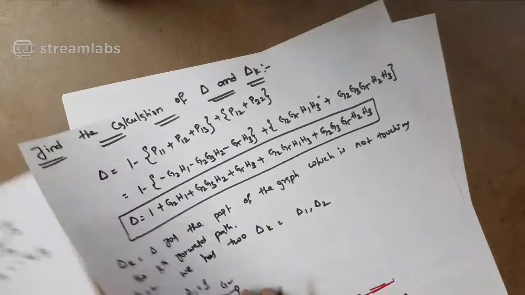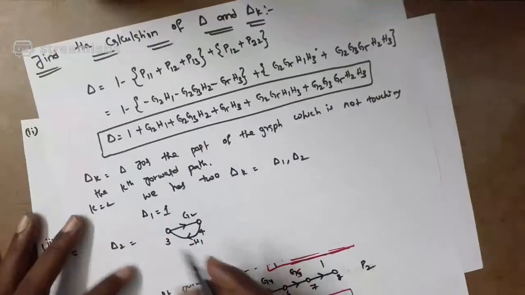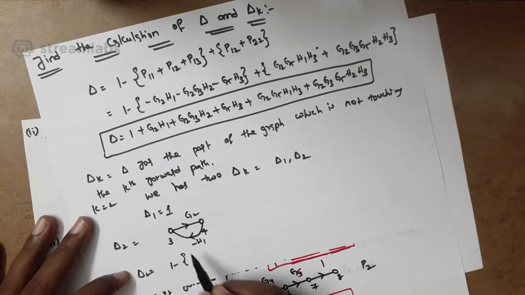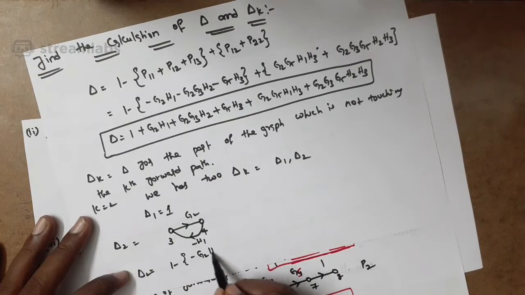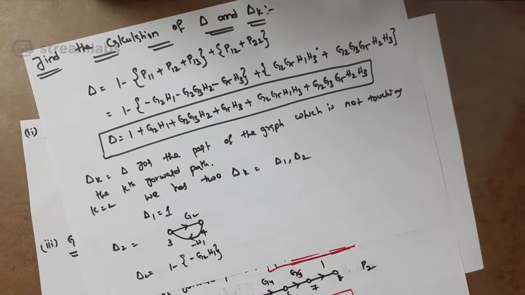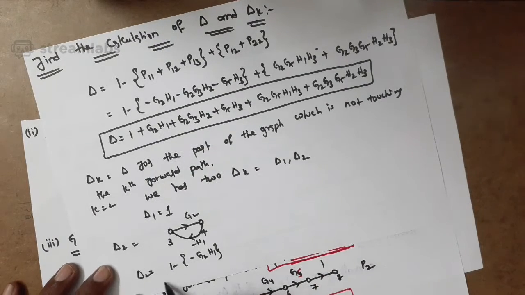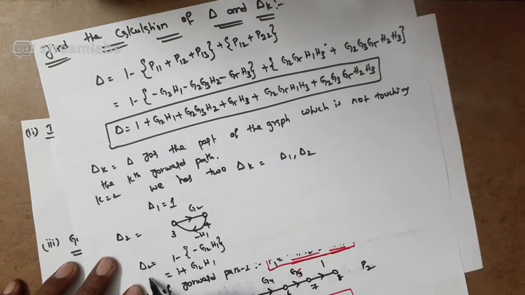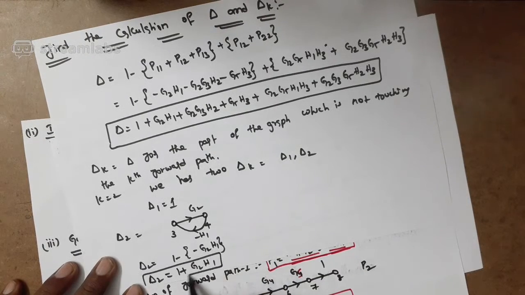So see how many individual loop gains there are. Delta 2 is equal to 1 minus only one loop, minus G2H1. Is there any non-touching loop? No, everything has a touching loop, only one. So it is equal to 1 plus G2H1, which is delta 2.